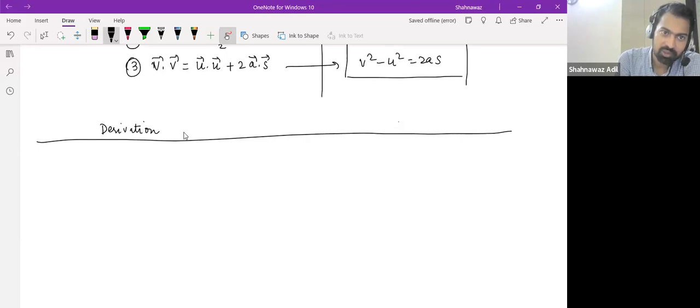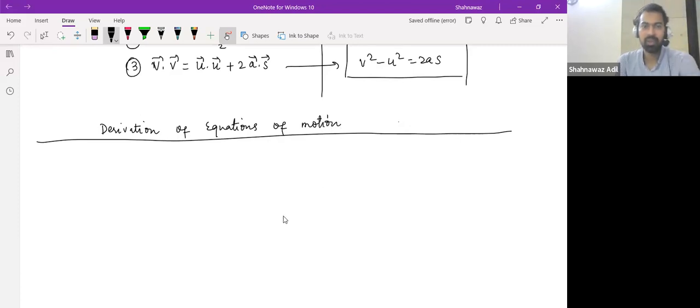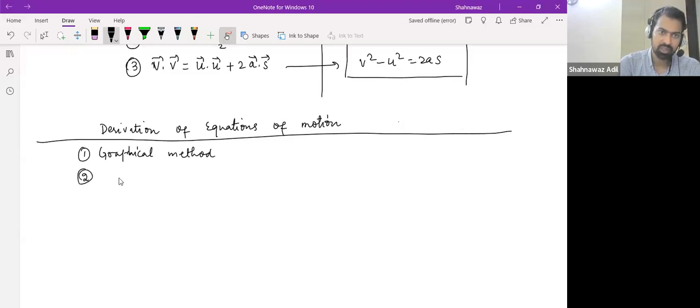So derivation of the equations of motion. First is the graphical method, and the second one is the calculus method.